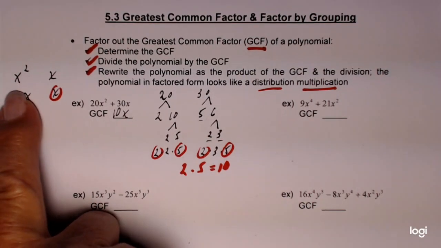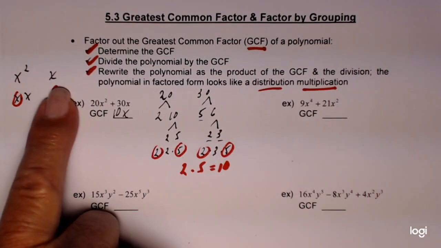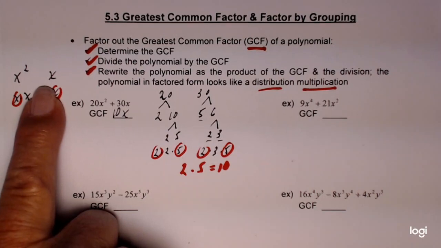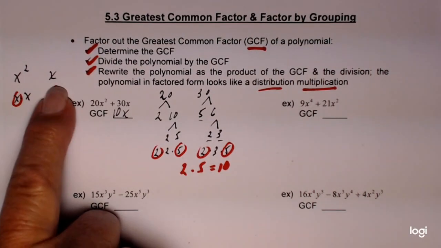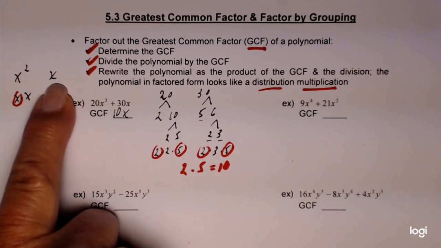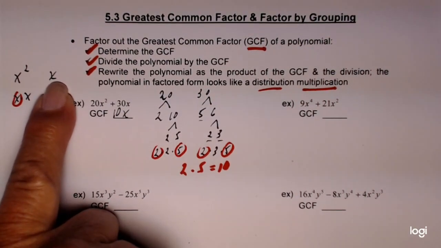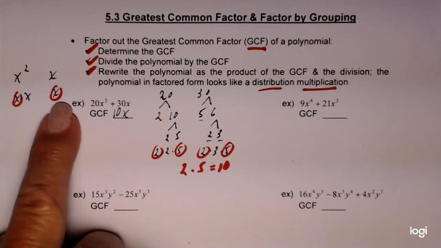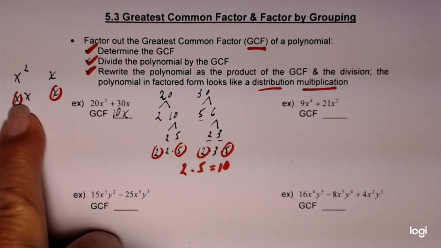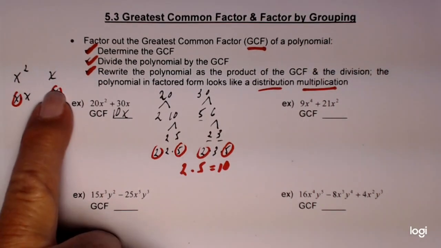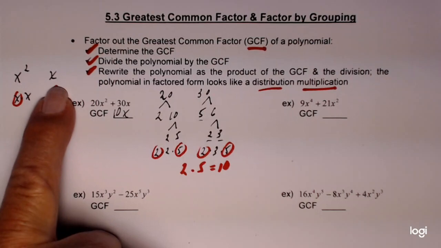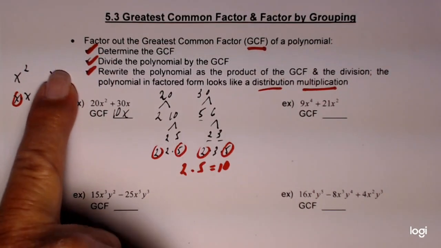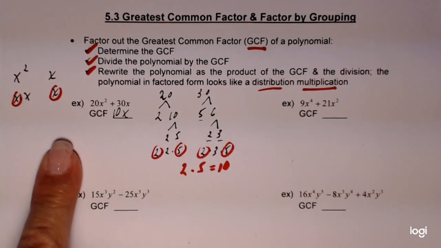No. It's what's in common here. It's the biggest thing in common. So we can only use as much as the smallest exponent, which might seem contradictory, but it's not. So when you have the same variable, it's going to be the version of the variable with the smallest exponent.